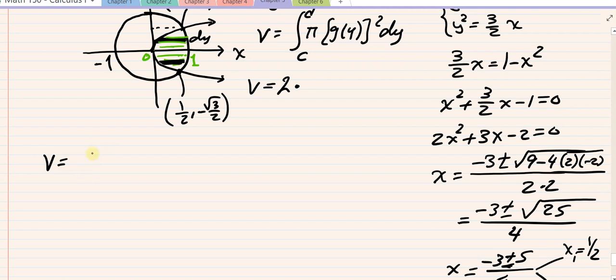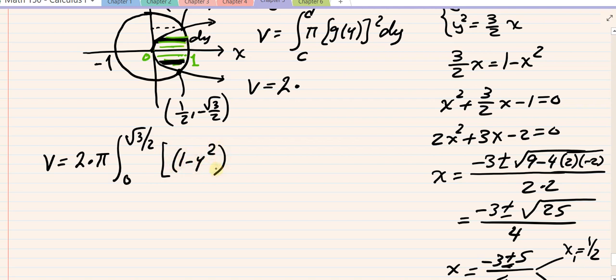I'm going to go twice: 2 times pi, from 0 to root 3 over 2. The function on the right side is going to be 1 minus y squared, right?